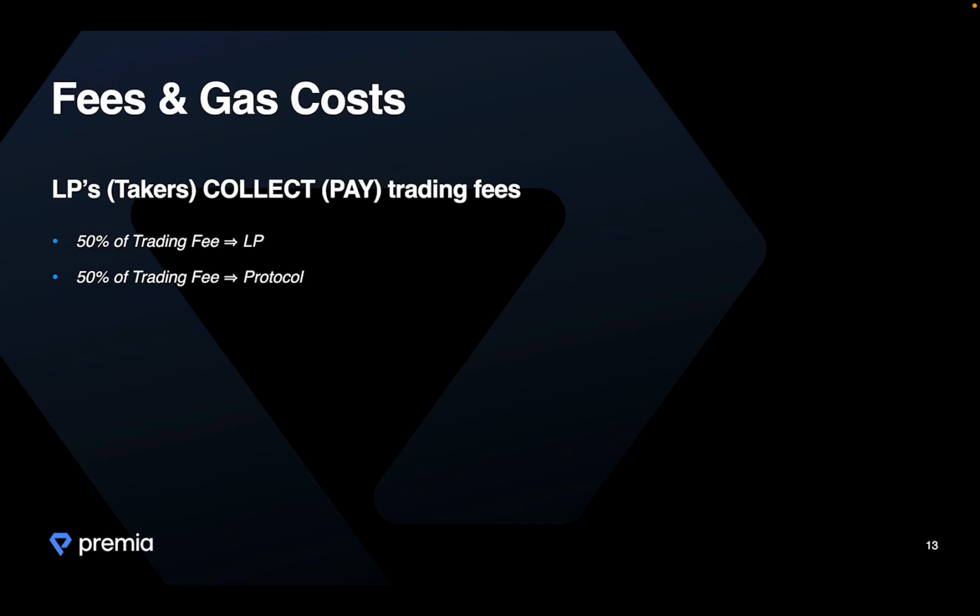Fees and gas costs. All right, so I think I just mentioned a second ago that LPs collect fees, right? They collect trading fees, and this is very common in AMM structures, and the takers pay the trading fee. And so one characteristic of range orders is that I can concentrate liquidity in areas in which the market is currently trading so I can maximize my fee collection.